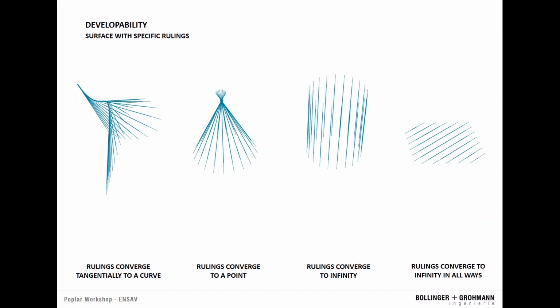And you have also different ways to draw a developable surface. All have in common to draw some rulings and then to make a loft between them. You have one type, which is the tangent surface on the left. You draw a space curve, and then you do tangents from it, and then you loft it.